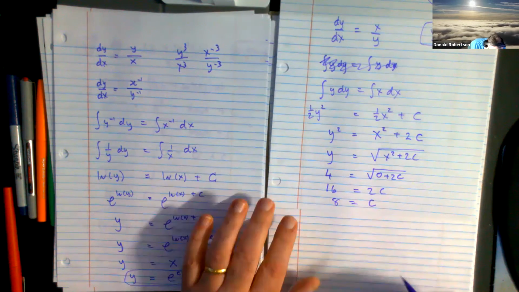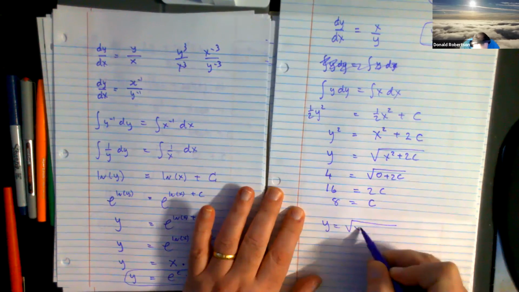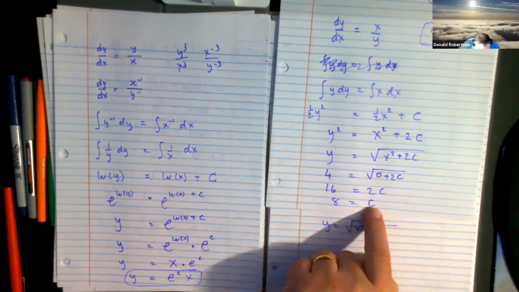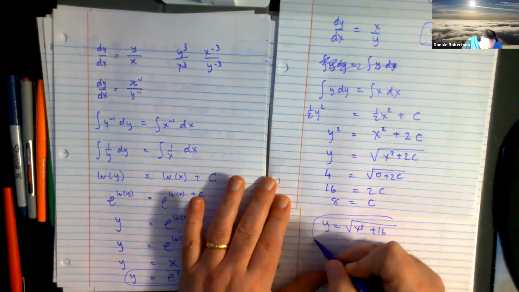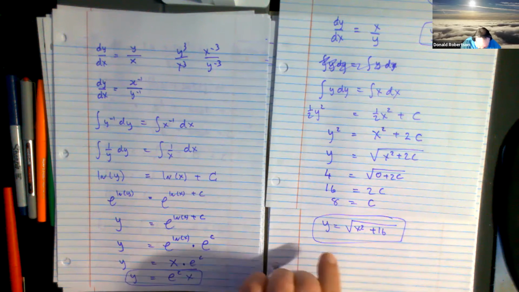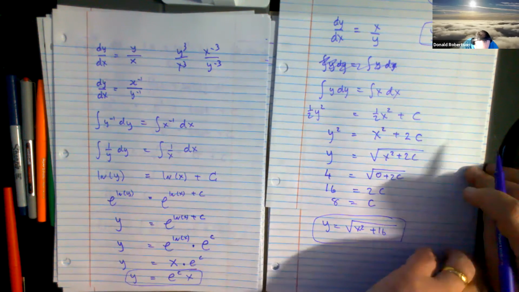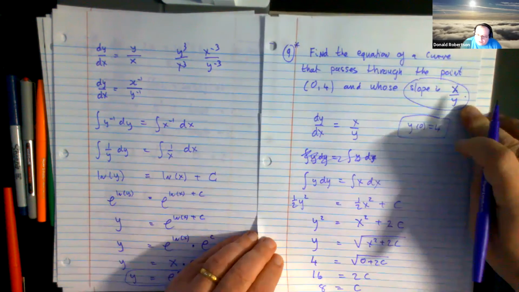And then you go back to the original and you replace this c here, and that's why that becomes 16. So I'm saying that this curve passes through the point (0, 4), and its slope is x over y.